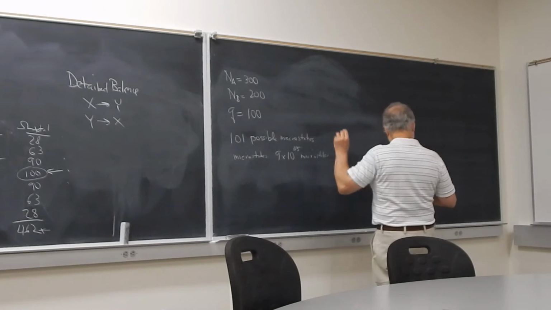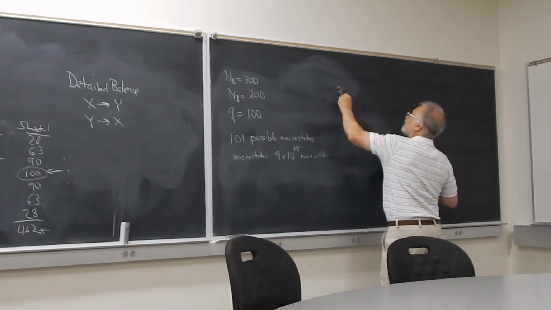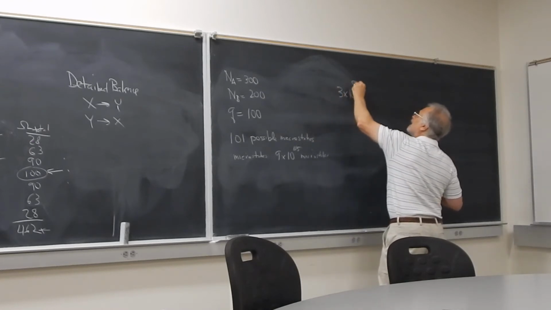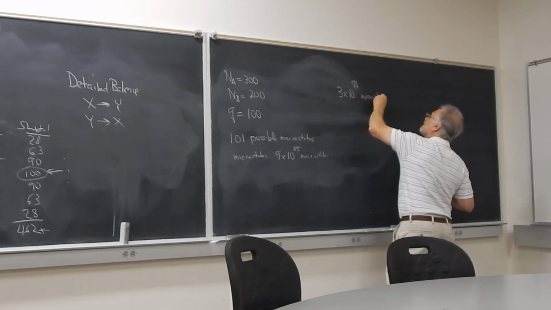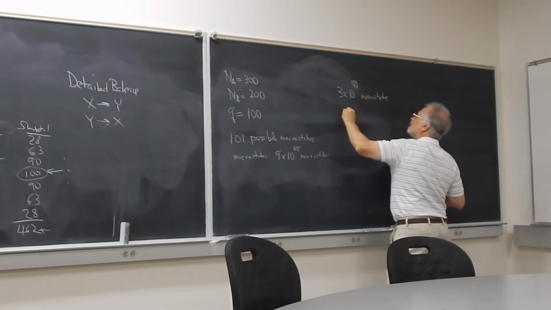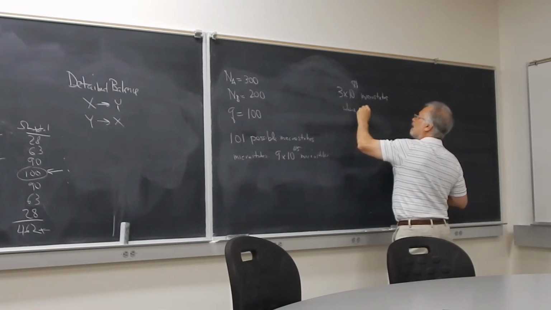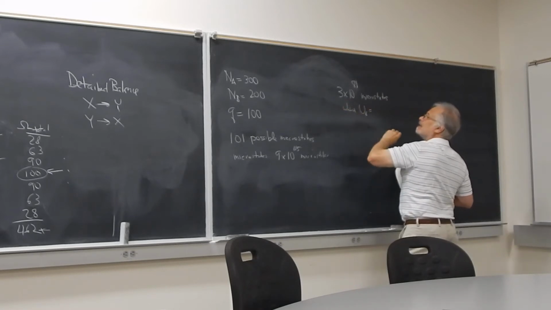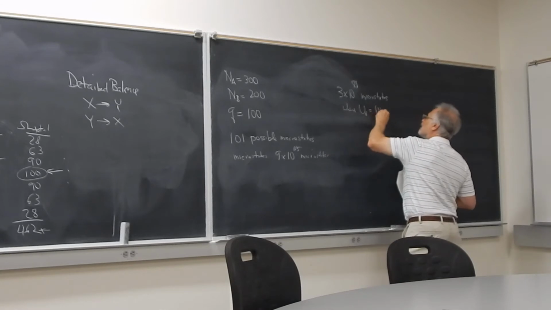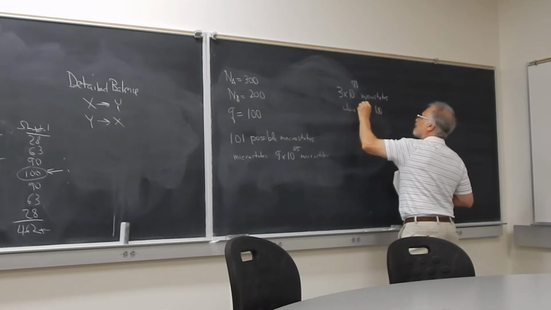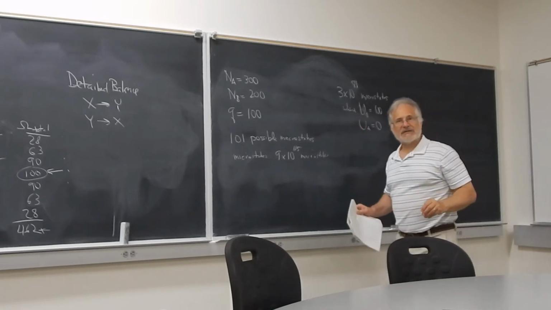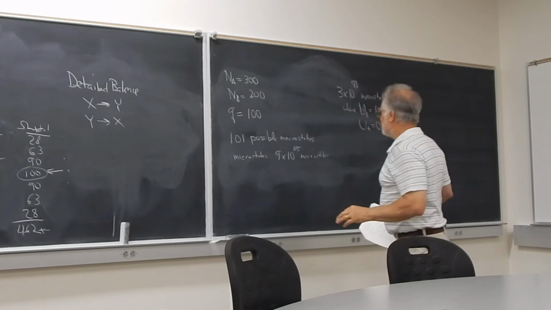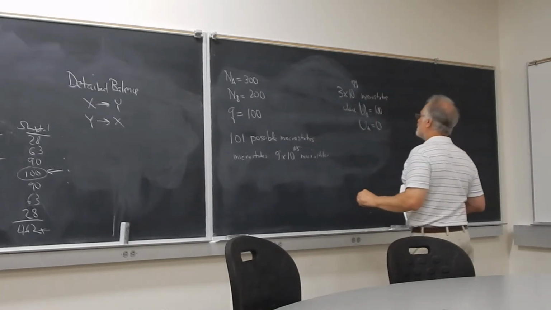If that's the case, I'll get 3 times 10 to the 81 microstates where the energy in B is 100 units and the energy in A is 0. That still sounds like a lot of states, but not compared to the total number of microstates.